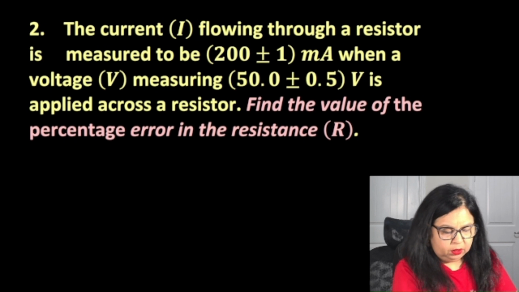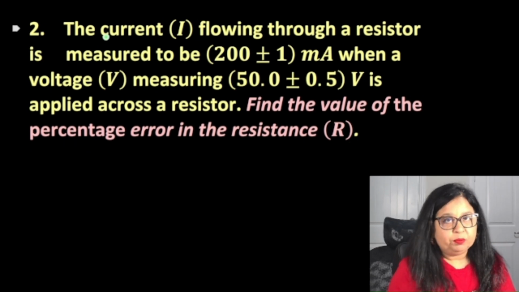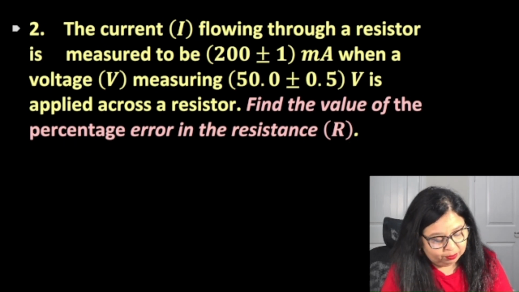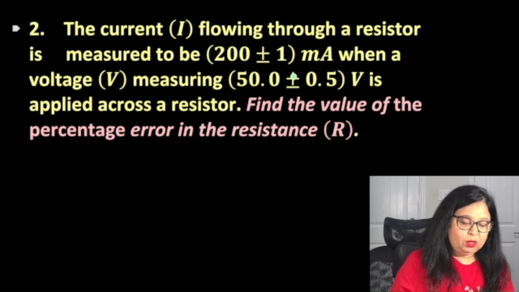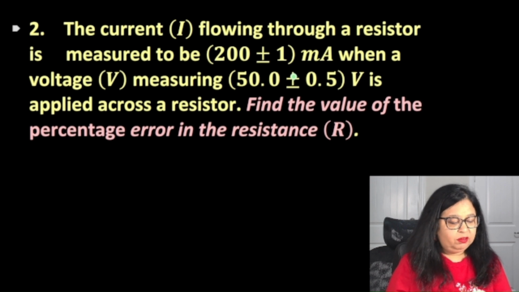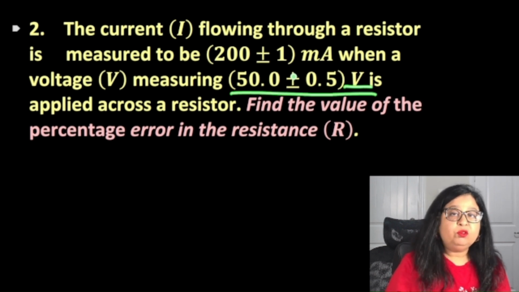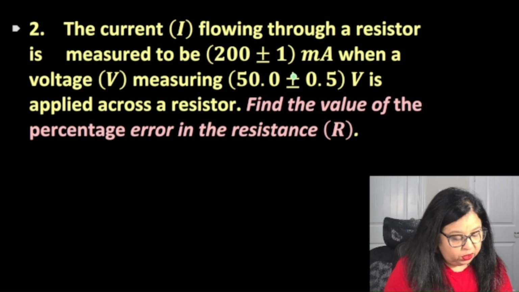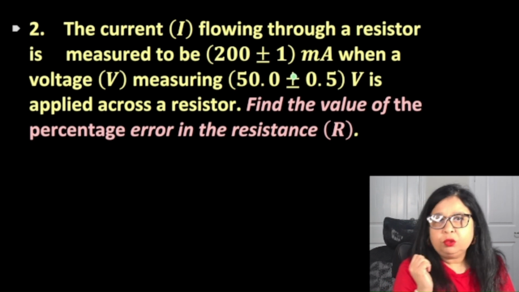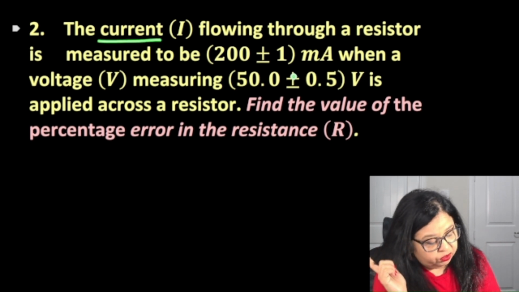Problem number 2. Perhaps a lot of new terms. For example, voltage. Maybe not so much though. Voltage, volts. If you have ever used batteries, I'm sure you have seen some batteries are 1.5 volts, some are 6 volts, and so on. So voltage is perhaps not such a new term for us, and nor is current.